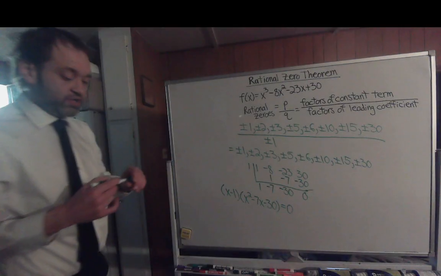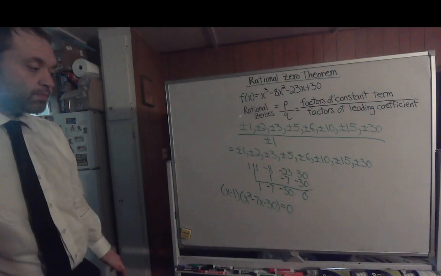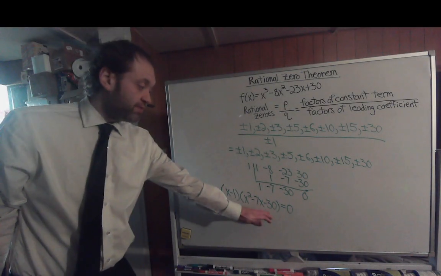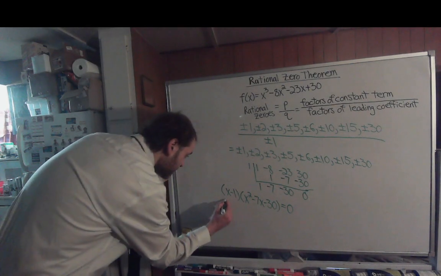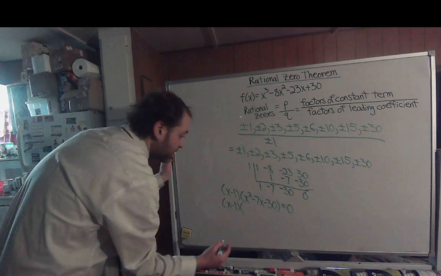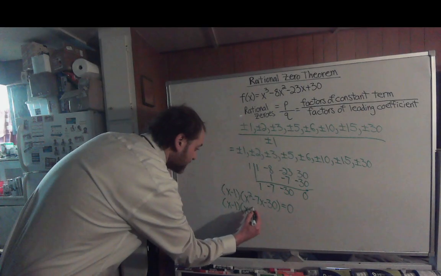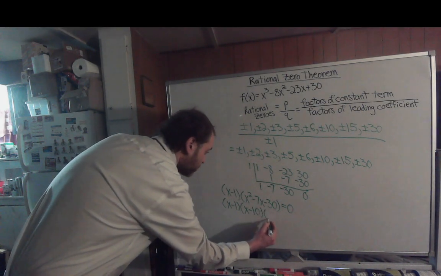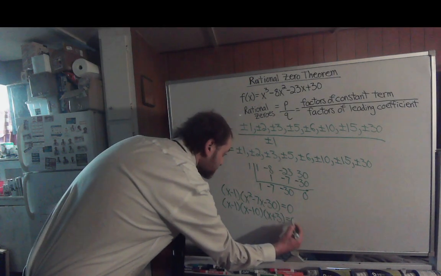So now we've reduced this into a linear and a quadratic factor. Well, we can probably factor that quadratic even further. So you'll have x minus 1, of course, times the quantity of, let's see, x minus 10 times the quantity of x plus 3 equals 0.